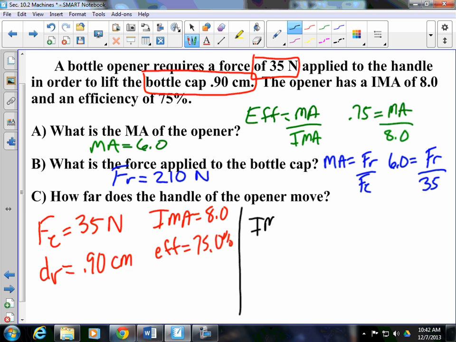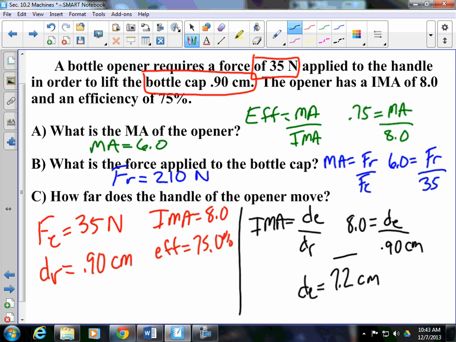Ideal mechanical advantage is equal to dE over dR. We know the ideal mechanical advantage is 8.0, we're trying to solve for dE, and our dR is 0.90 centimeters. When we solve for this, we get that our distance of effort is 7.2 centimeters.